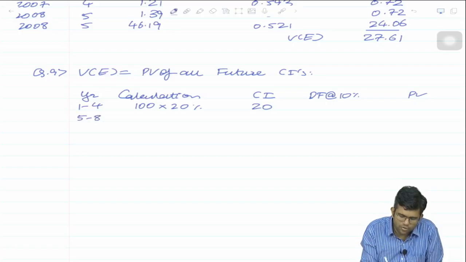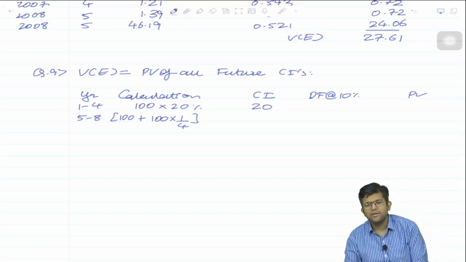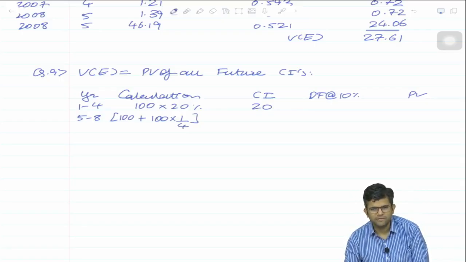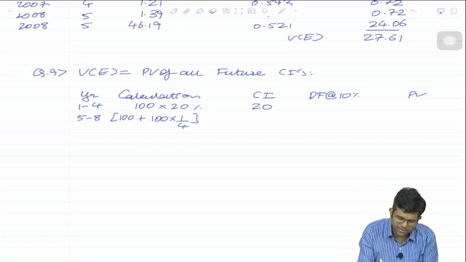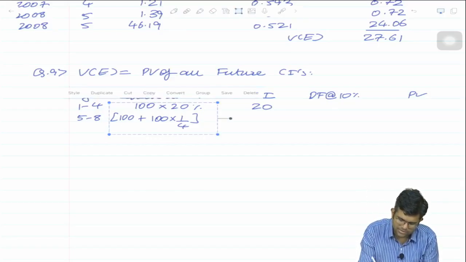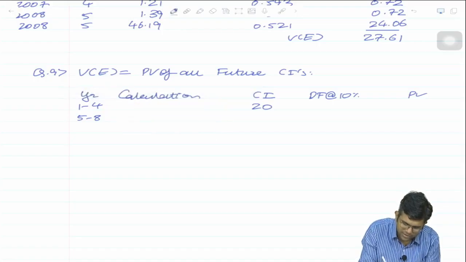From 5 to 8, look at the screen, it will be 100 plus 100 into 1 by 4. You are able to understand? Which means if you have one share of 100, now you will be having 1.25 shares of 100. See, if you want more clarity, for first 4 years, I had one share of face value 100 on which 20% dividend I'll get.